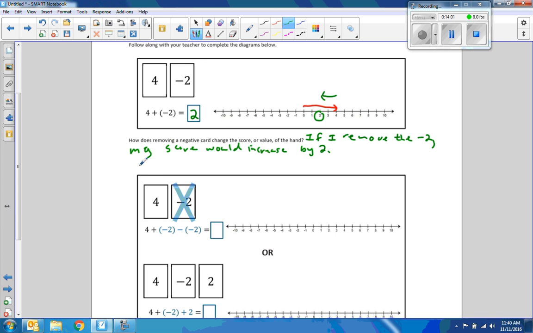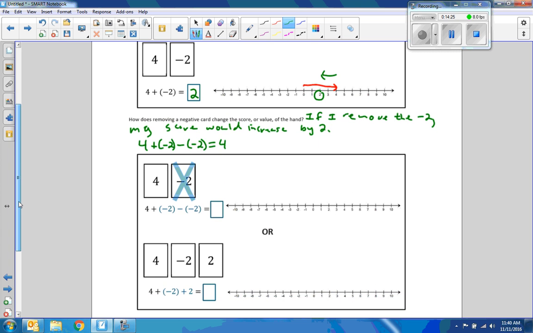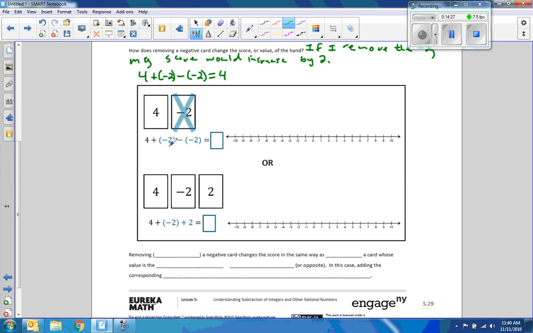So in essence, what we're saying is 4 plus a negative 2 minus a negative 2 equals 4. Minus a negative means plus, so minus 2 plus 2 is 0 because they're additive inverses, so 4 plus 0 is 4. In essence, that's what's happening. Okay, so 4 plus negative 2 minus negative 2 equals 4, and let's show that here.